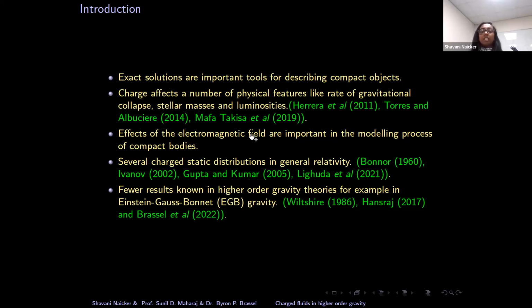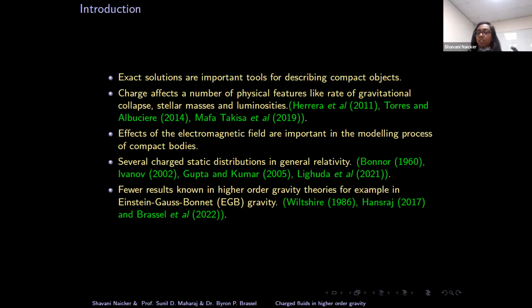Now, in general relativity, several charged static distributions have been studied, and these can be attributed to Bonnet 1960, Ivanov 2002, Gupta and Kumar 2005, and Laguda et al. 2021. Fewer results of this nature are known in higher order gravity theories, for example, in Einstein-Gauss-Bonnet gravity, or EGB gravity.